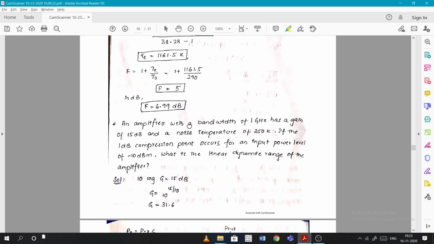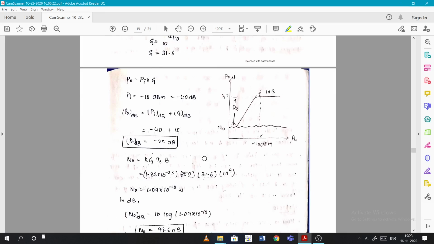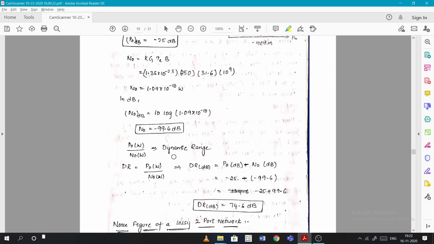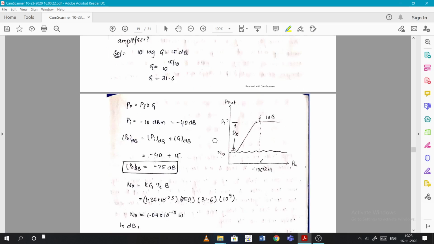Now coming to the other model, where we'll find the dynamic range. How to find the dynamic range? I told you at the beginning that this level is N0 and this is P0. To find N0, what is the formula? K into G Te B, that is the noise generated by the device. P out, for a particular input, we multiply by the gain: Pi into G is P0.